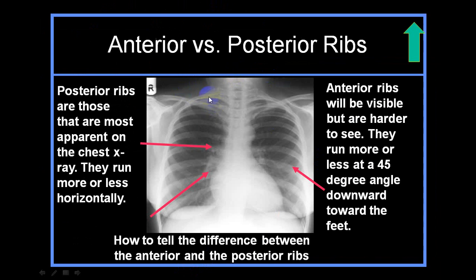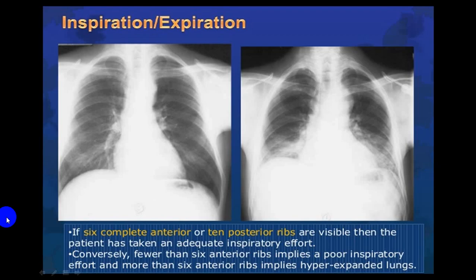You should be able to see clear-cut anterior ends of the ribs, and try to look at the posterior end or the anterior end of the ribs. You can see this is during inspiration, this is during expiration. See the level of the diaphragm. You can see the diaphragm very clearly. You can see the cardiac border clearly. Here, the diaphragm is not clear.